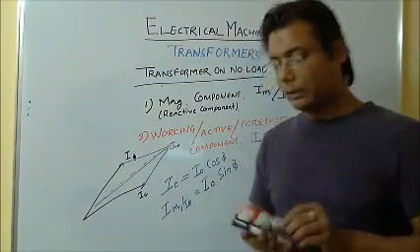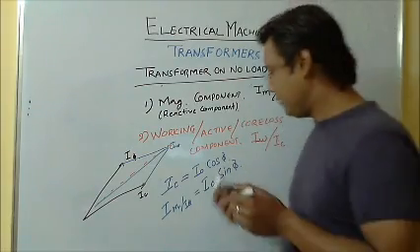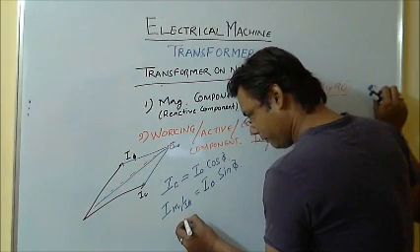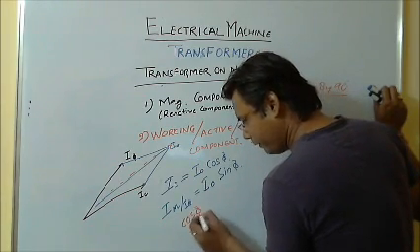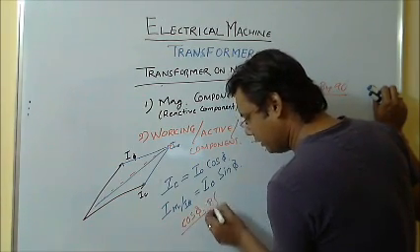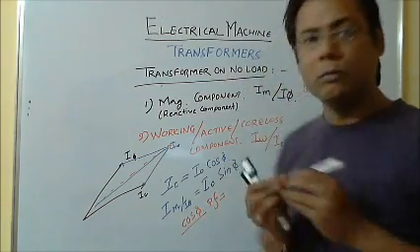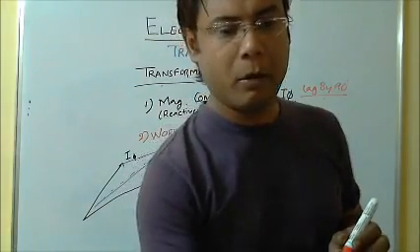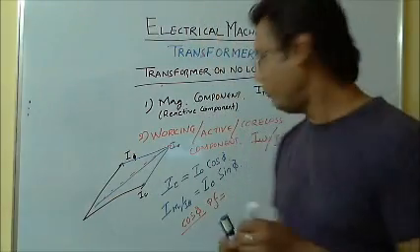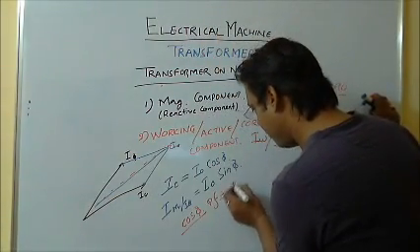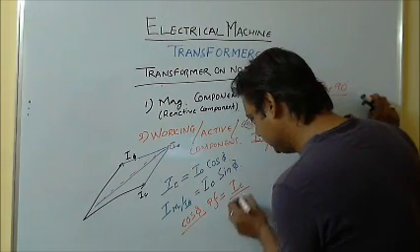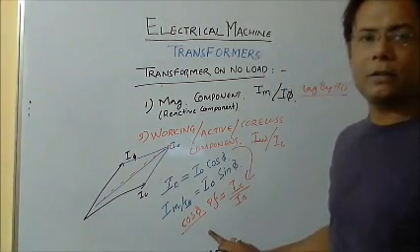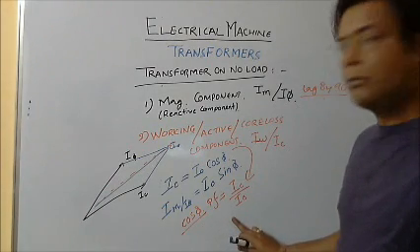Another thing, by looking at this, I can say that my cos phi, which is also called the power factor, is equal to IC upon I0.